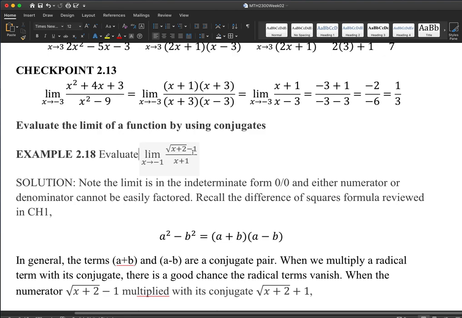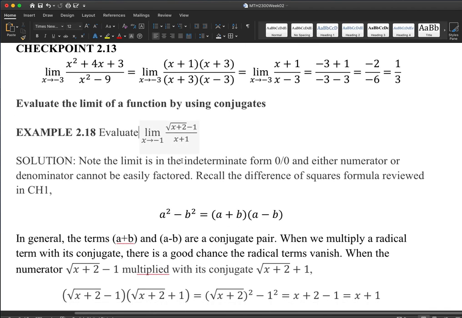So this is what I did for the limit over here. I realized it's not possible to consider direct substitution, but as I explained, I'm seeing a radical term, so I consider the radical conjugate, which is square root of x plus 2 plus 1.